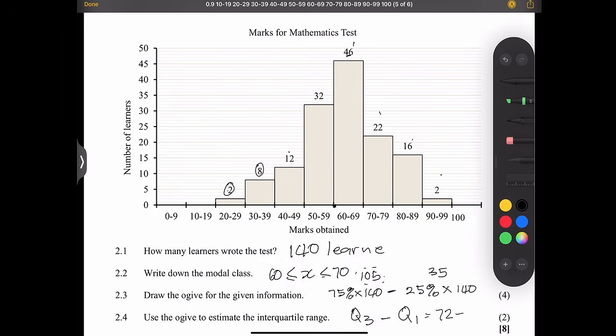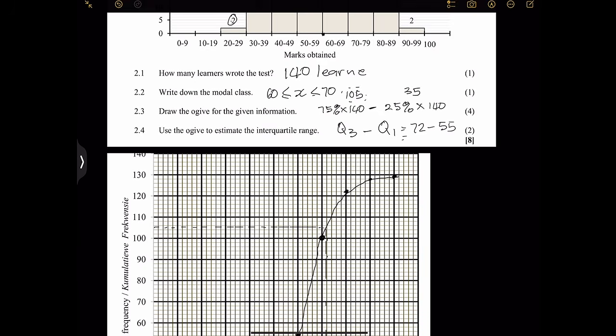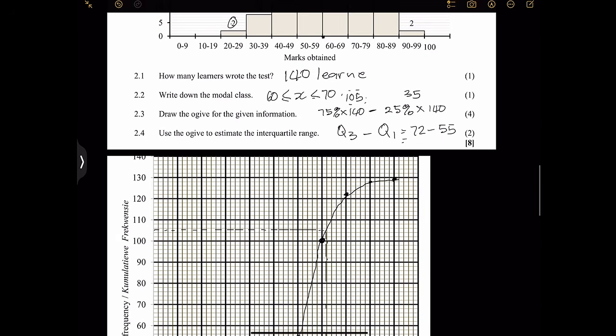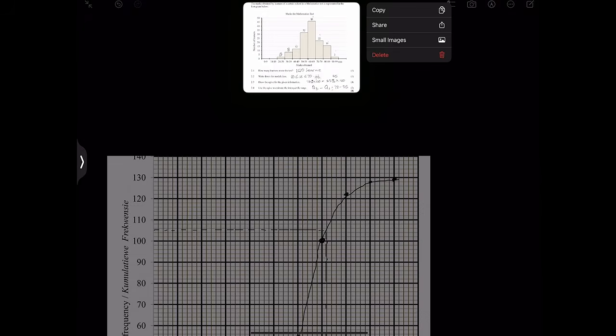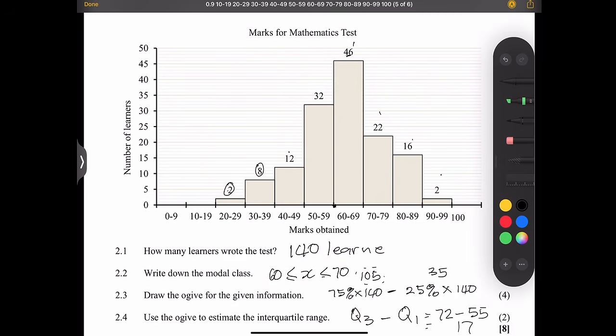So my interquartile range in that case would essentially be 72 minus 55. In this case, 72 minus 55 would give us 17. Sorry about that. So that would give us 17 for a final answer.